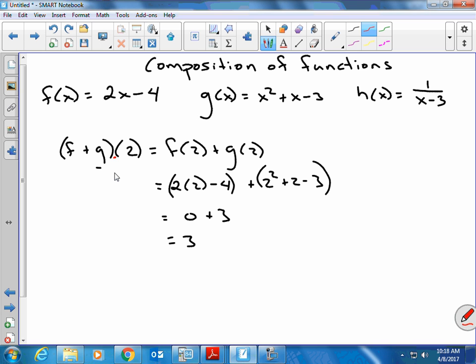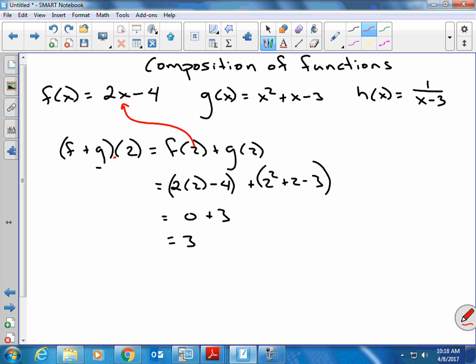F plus g at 2, f plus g of 2, simply means evaluate each function at the given x value of 2 and add them together. So to evaluate a function from the last recording, we put in 2 for the x in the f equation. So my 2 goes into there.